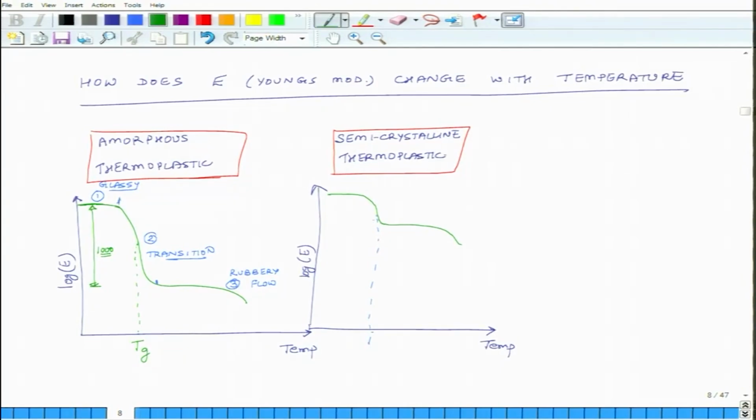This is region 1, this is region 2, and this is region 3. So in this case, typically the modulus may fall by an order of magnitude, maybe by a factor of 10.